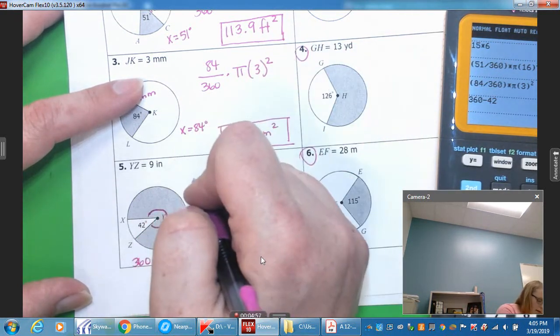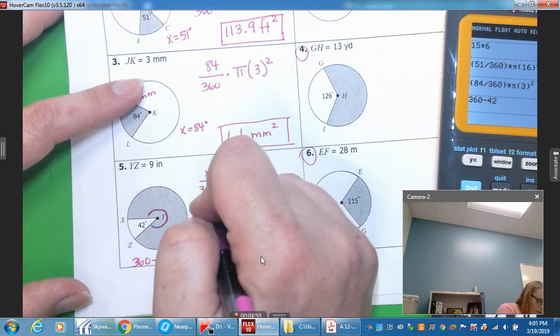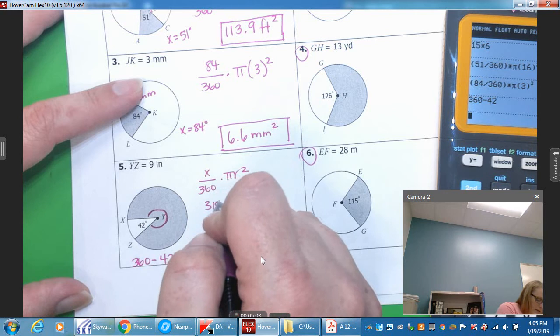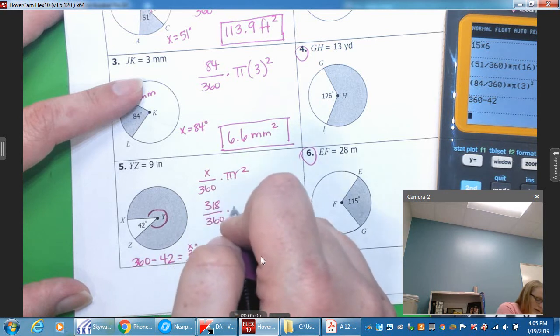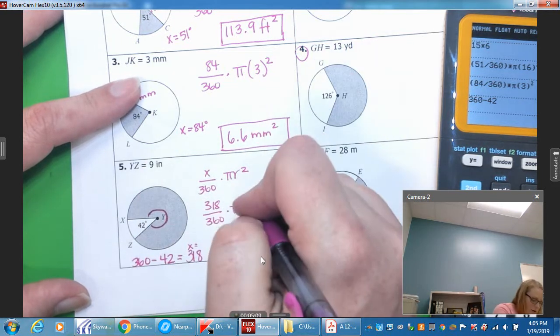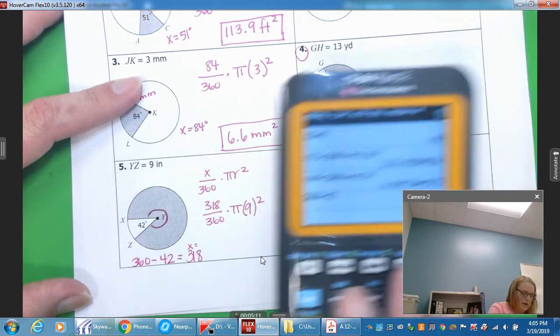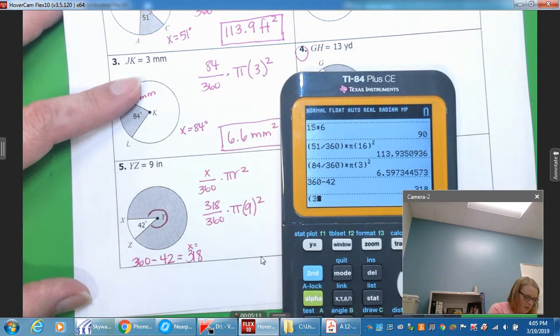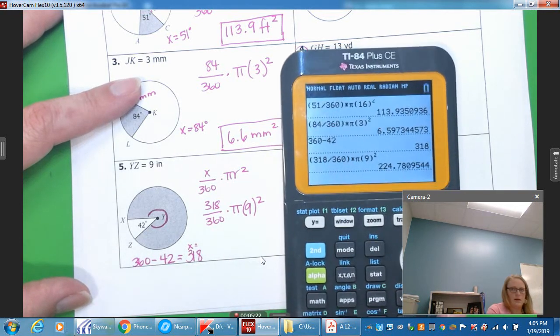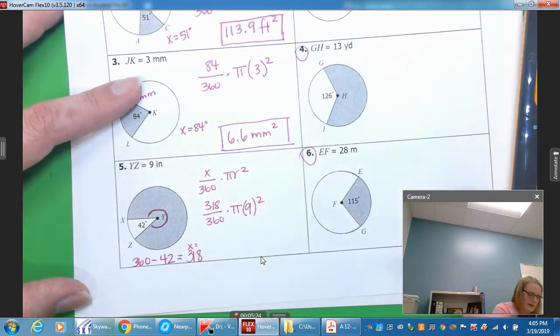So remember, your formula is x over 360 times pi r squared. So 318 over 360 times pi. And in this case, my YZ is my r, 9 squared. All you do is you type it in, 318, 360 times pi 9 squared. 224.8.